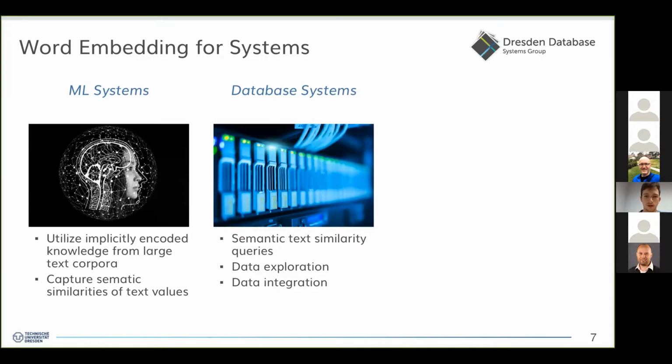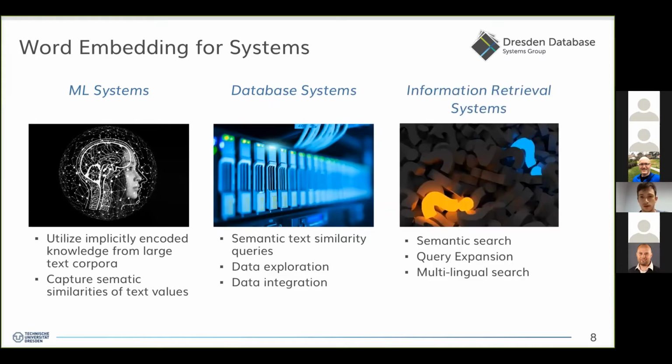Recently, text similarity queries have been implemented based on word embedding models, as well as algorithms for data exploration and data integration tasks. And finally, information retrieval systems also make use of word embedding models for semantic search features, to implement algorithms for query expansion and for multilingual search features, to just give some examples.